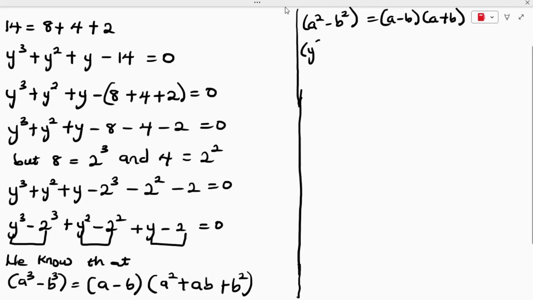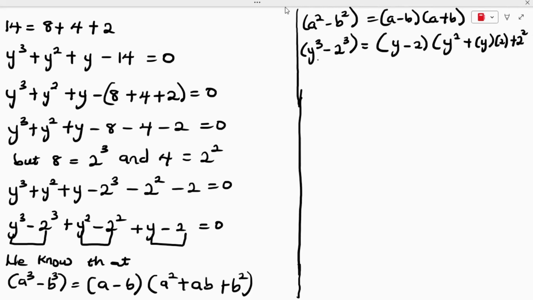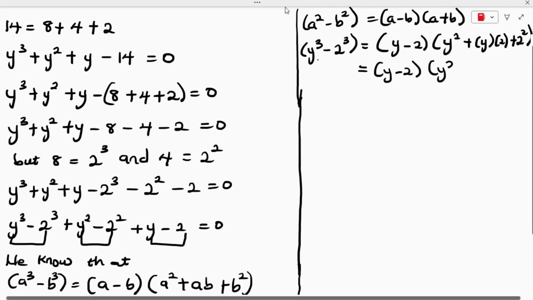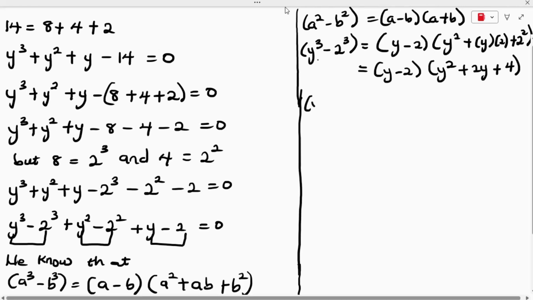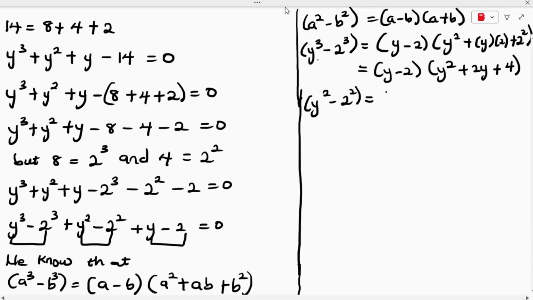We're going to say y cubed minus 2 cubed is equal to, where y is a and 2 is b, y minus 2 into (y squared plus y times 2, which is 2y, plus 2 squared, which is 4). And for y squared minus 2 squared, applying this right here, we have y minus 2 into y plus 2.